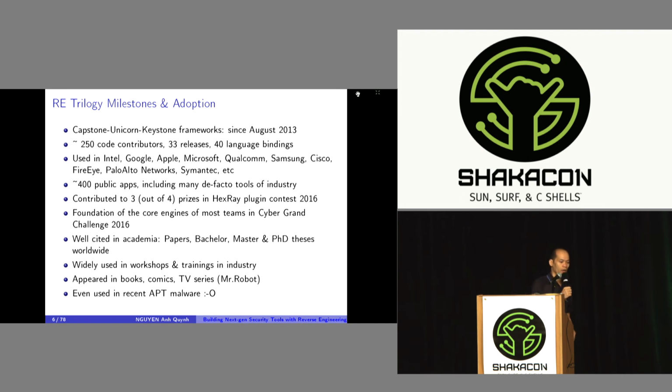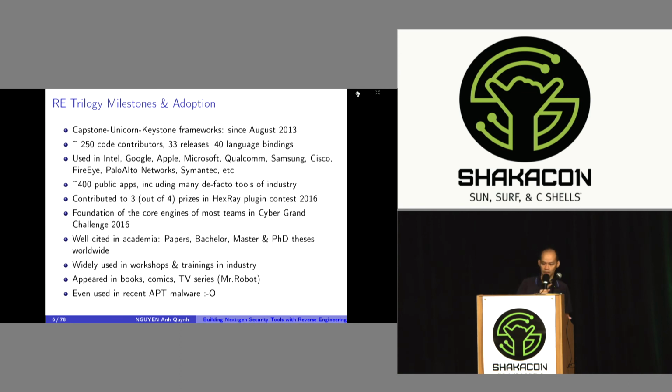We have come a long way since 2013 when I started building Capstone, and after that I built Unicorn and Keystone. So far, across the open source projects, 250 people have contributed code. We have had 33 releases and have 40 language bindings in total for these three frameworks.